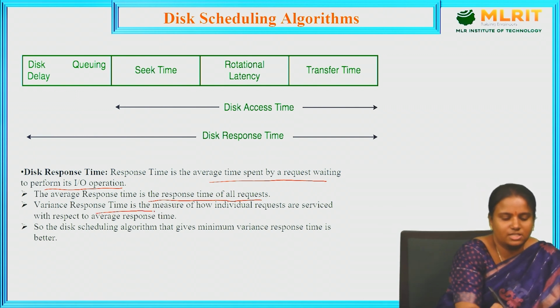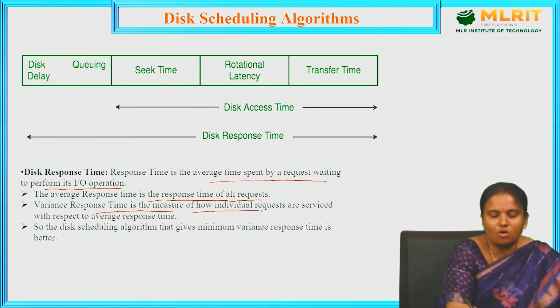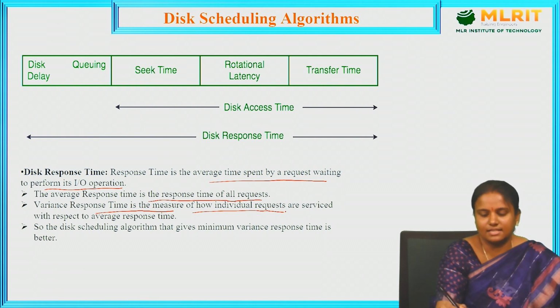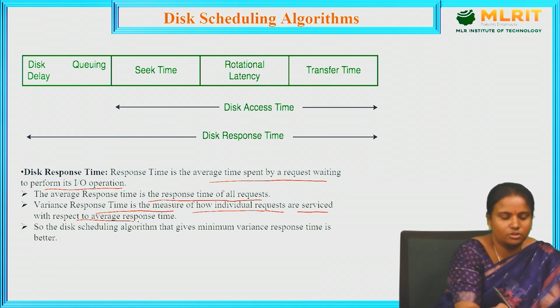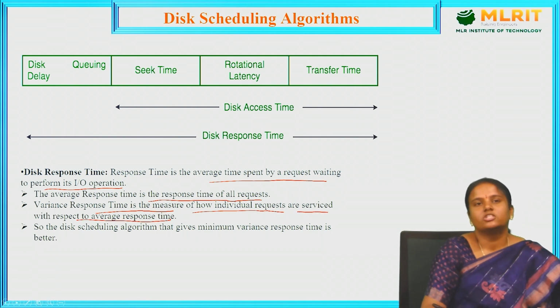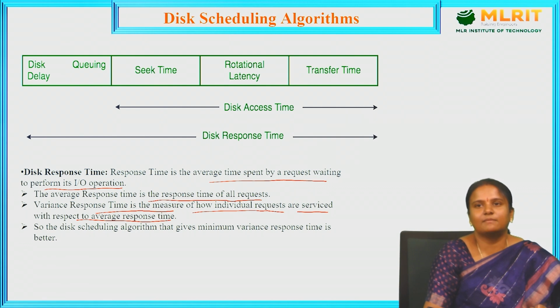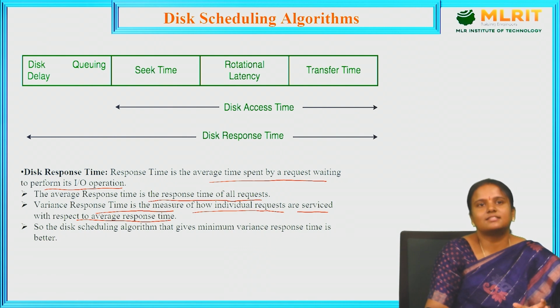Variance response time is the measure of how individual requesters are serviced with respect to average response time. So here we are getting various response times from various disks, to measure how each individual requester is serviced with respect to average response time.